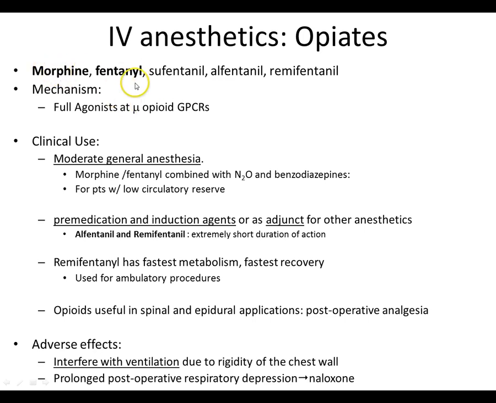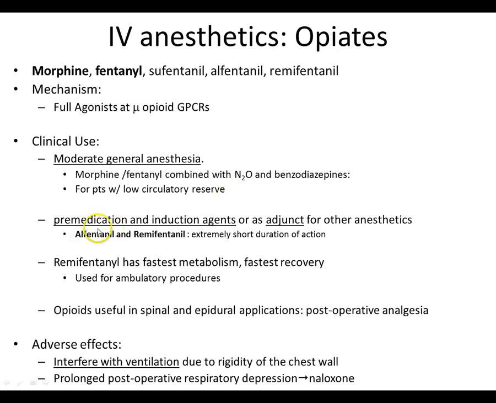So morphine, fentanyl, and other full mu agonists have been used in the context of general anesthesia. Typically they can be combined with nitrous oxide or benzodiazepines for moderate levels of general anesthesia, or for patients with low circulatory reserve.